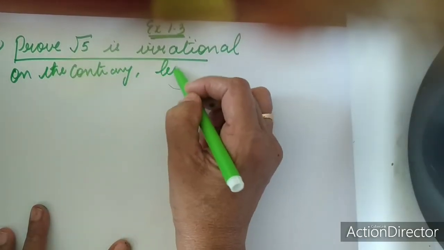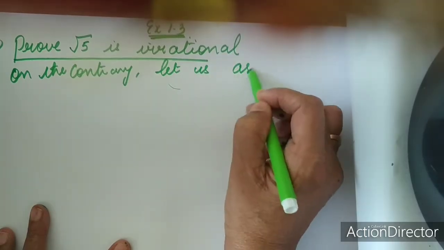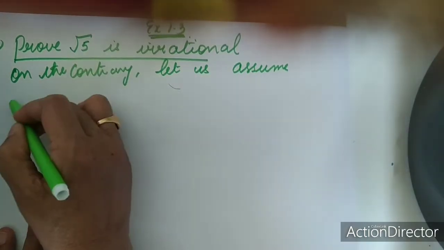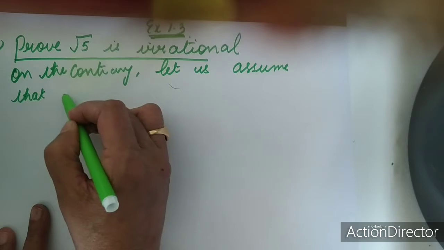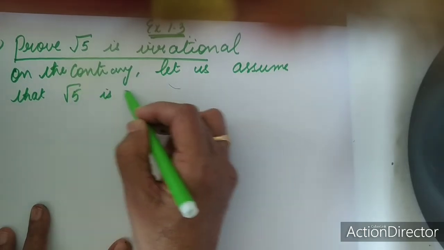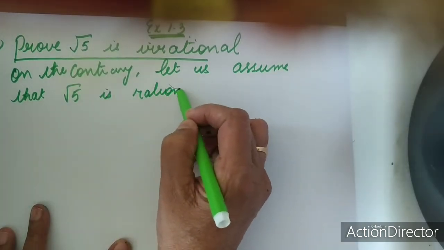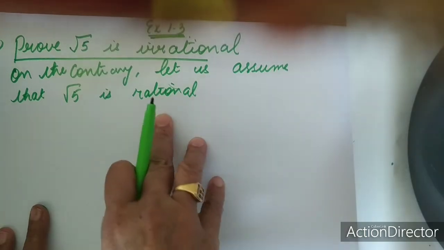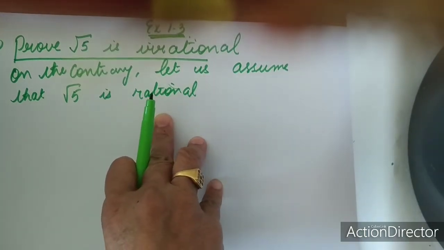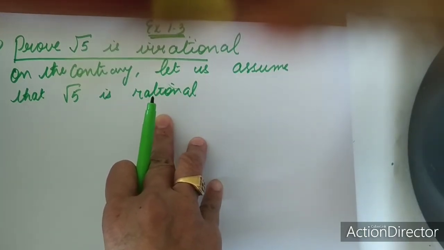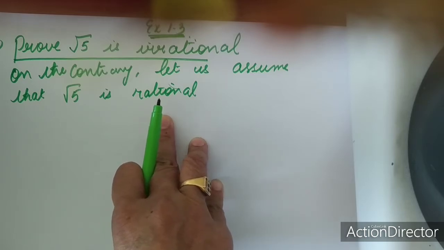let us assume that root 5 is rational. Now we are assuming that root 5 is a rational number. If root 5 is a rational number, you know that a rational number is of the form P upon Q, where P and Q are integers.